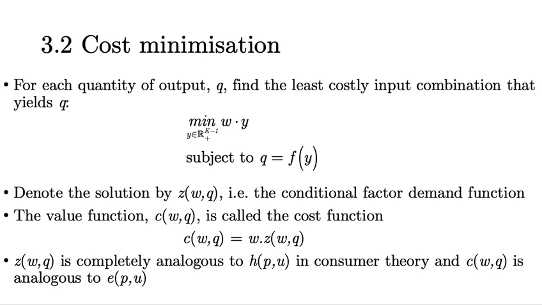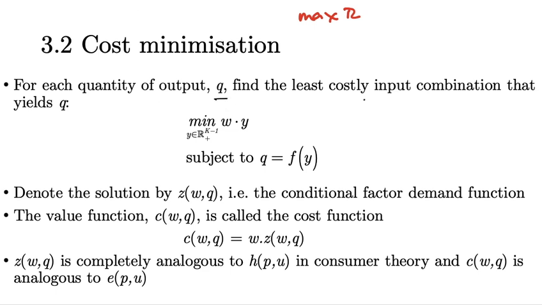Okay. Now, what we did previously, we maximized profit, isn't it? But now we can also have cost minimization. So what is the cost minimization concept in the study of production theory here? The cost minimization problem. So here, what we can say is that, let's say for each quantity of output, we call it Q, small letter Q here.